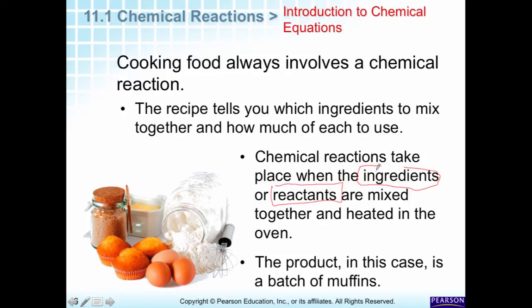We're not going to use the word ingredients anymore, we're going to use the word reactants. That's the chemical word. In a recipe, we would heat them together in an oven to make, for instance, a cake. A lot of times we heat chemicals together to make something new. All right, in this picture, I guess they were going to make muffins.